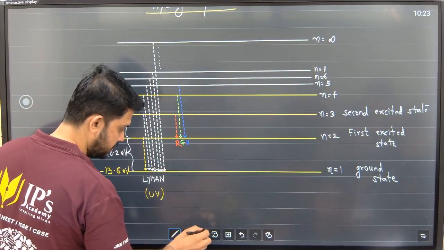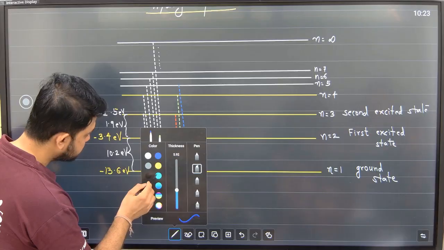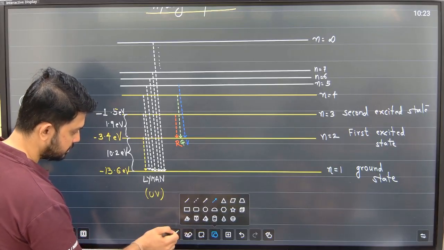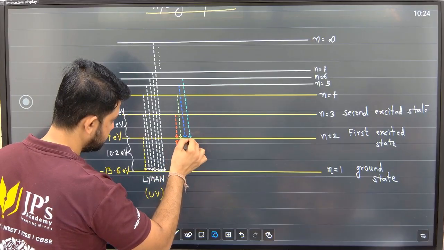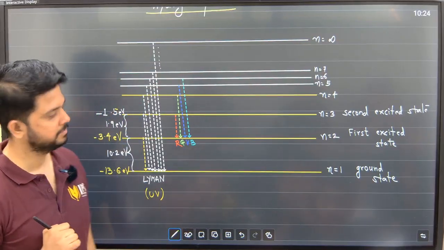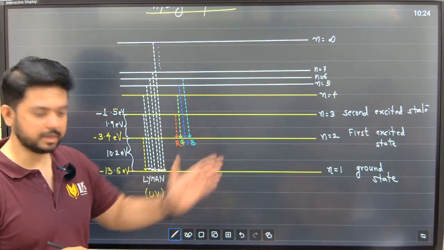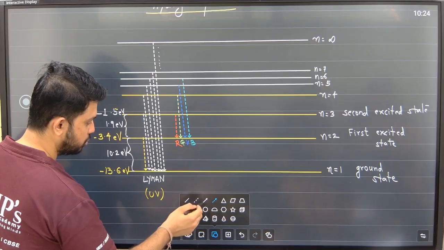And the next transition is, though it doesn't look exactly like that, blue. And there are subsequent transitions from higher energy levels, but they don't show color.